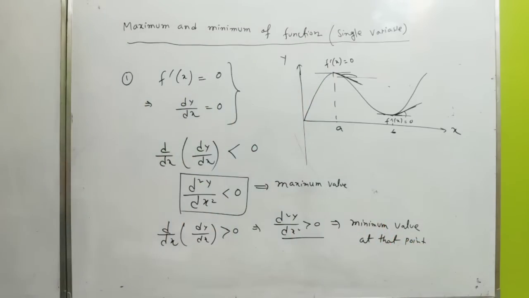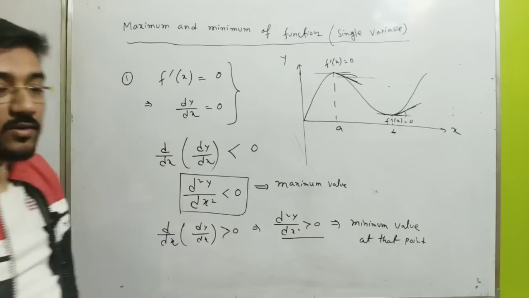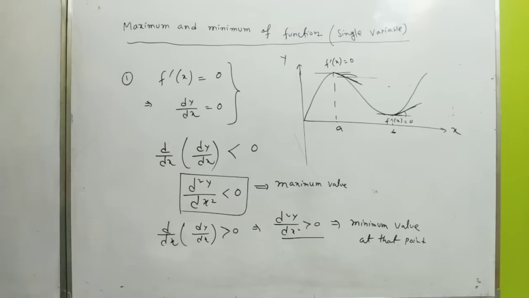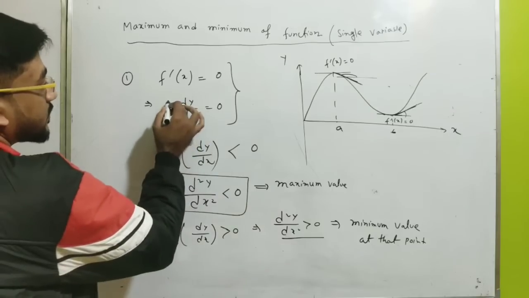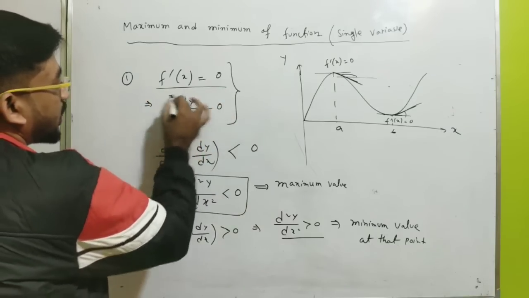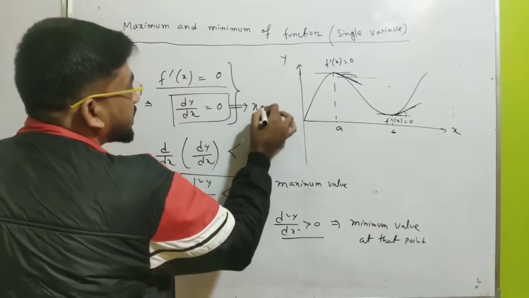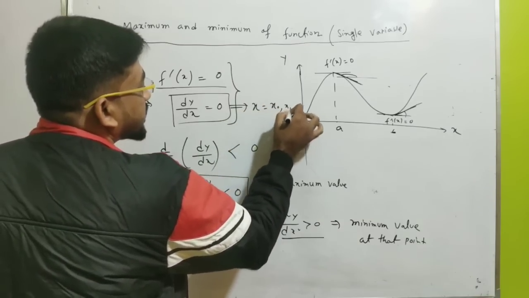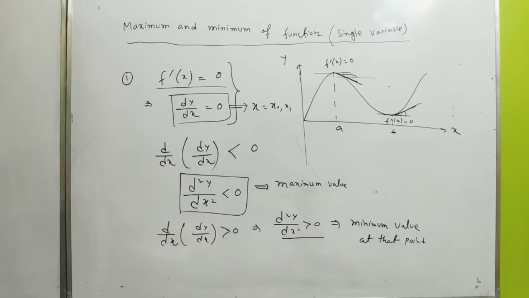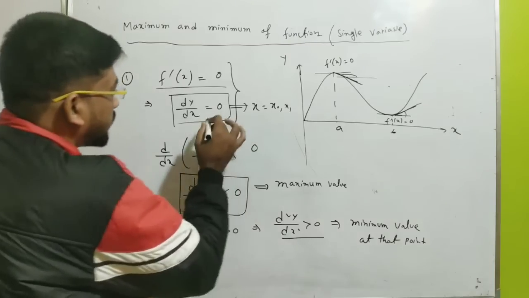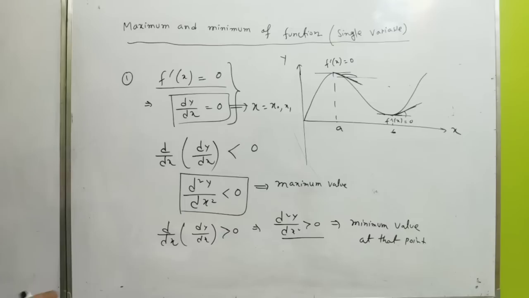Okay. So what are the steps to find the maximum or minimum value? First, you have to set f prime x equal to 0, or dy/dx equal to 0. Then you will get some points x equal to x0, x1, etc. Now you have to take the second derivative of this function.